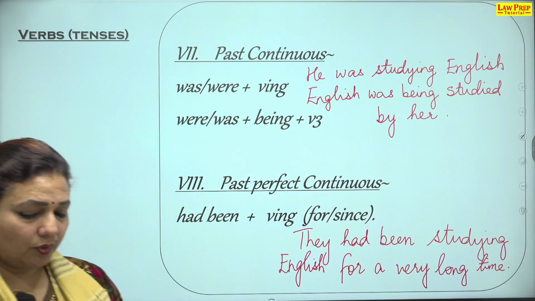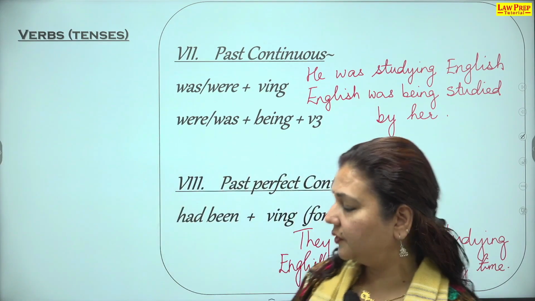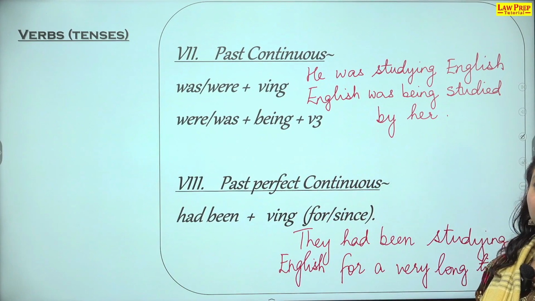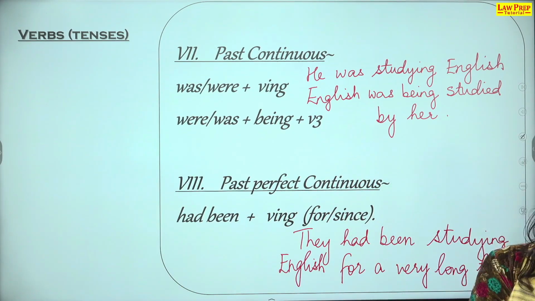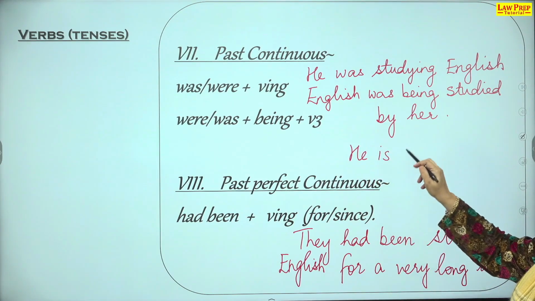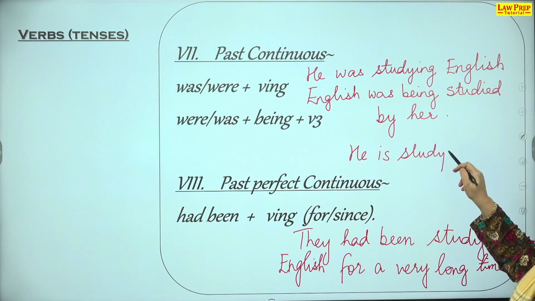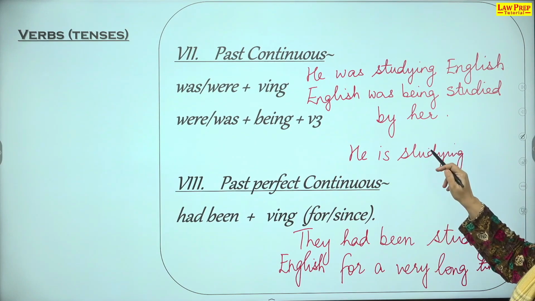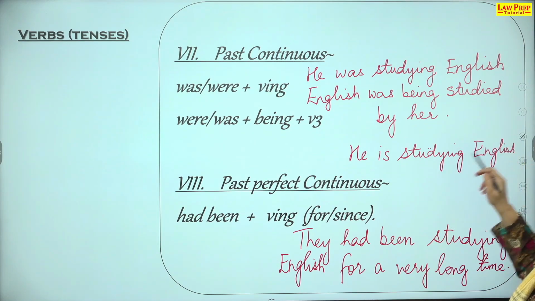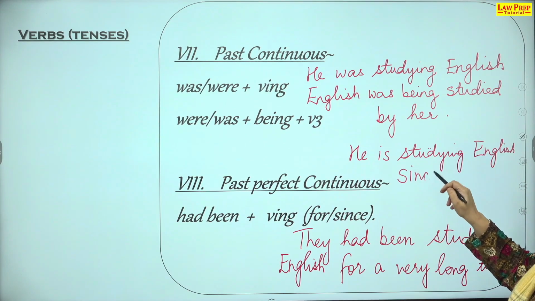We have these 4 tenses: completion, what is the use, that we will move on. Please note, with "for" and "since", what do we use? Present perfect continuous or past perfect continuous. How would the error be there? Please listen carefully. He is studying English since morning.